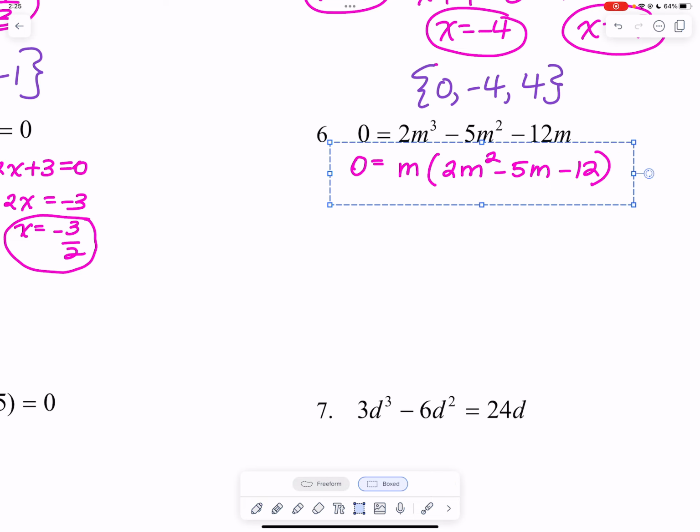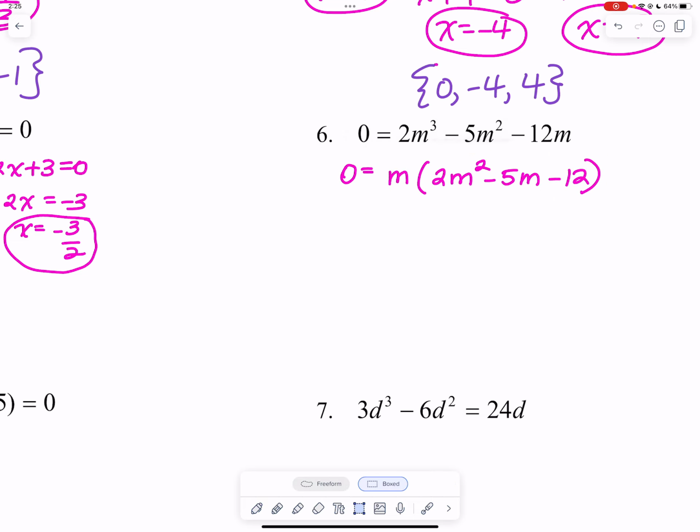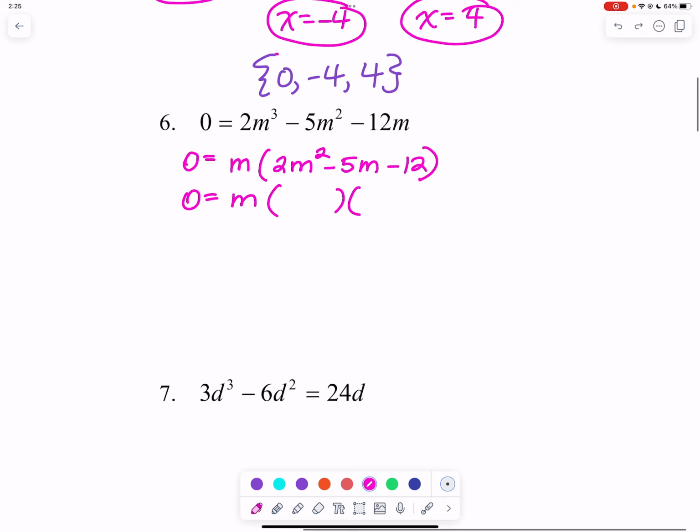So here you can see that we have a quadratic that we will need to factor. So this is what we want to recognize that we need to do. So over here, we will go ahead and try to factor that.